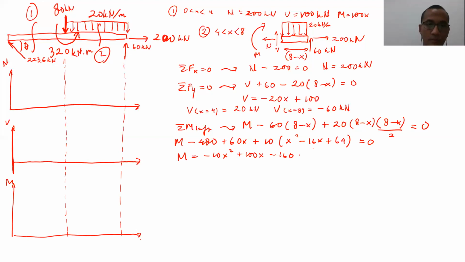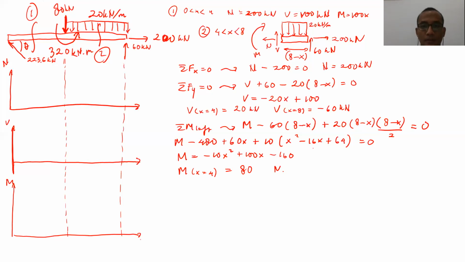Then, as usual, I will have to check the moment at x equal to 4. What is the value there? The value there will be minus 160 minus 160 plus 400. So the moment there is supposed to be 80. Okay, supposed to be correct.